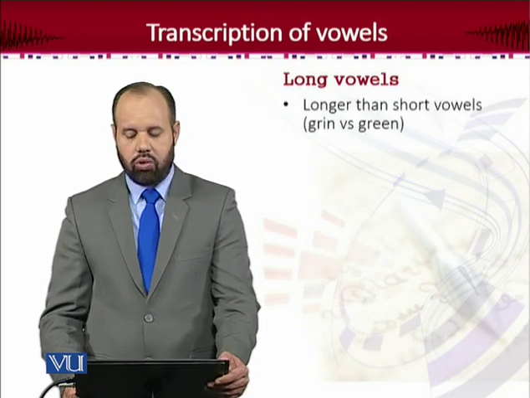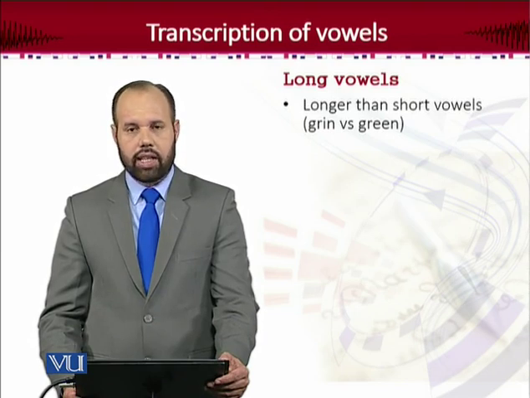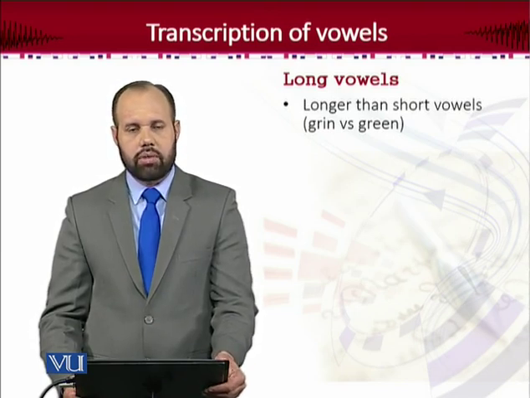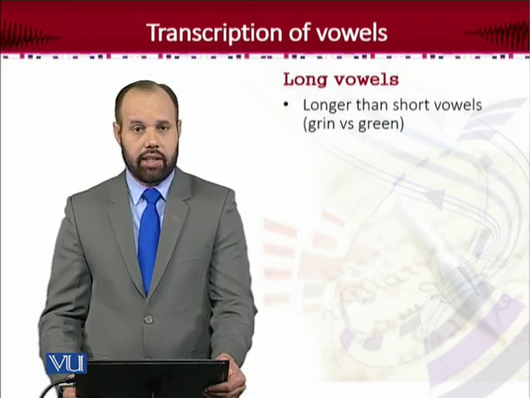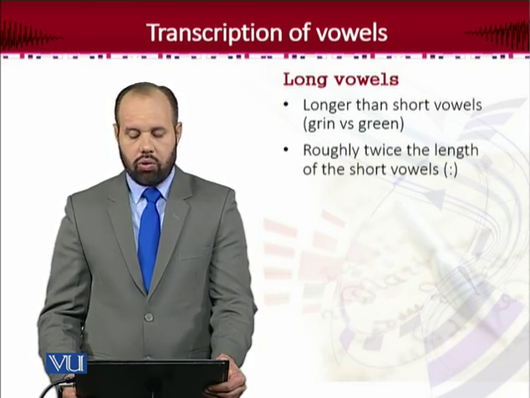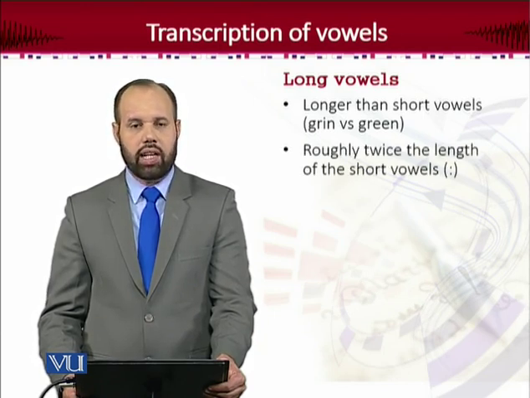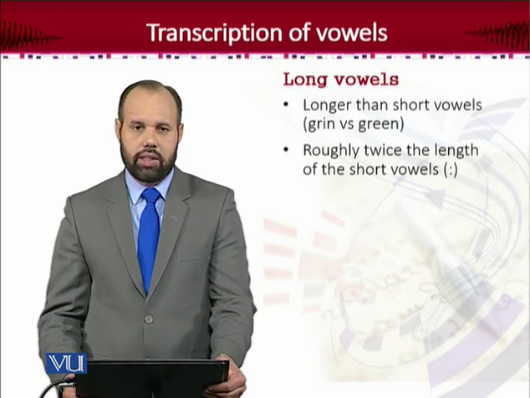And then we have long vowels, the second category. Long vowels are longer than short vowels. Just consider the difference between grin and green. The vowel in green is the longer one. Long vowels are roughly twice the length of the short vowels. That's the major rule.